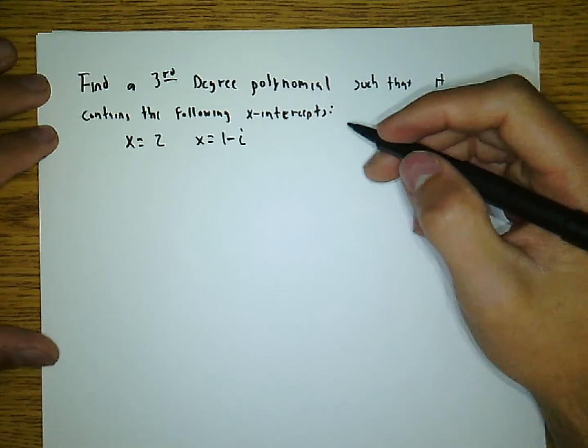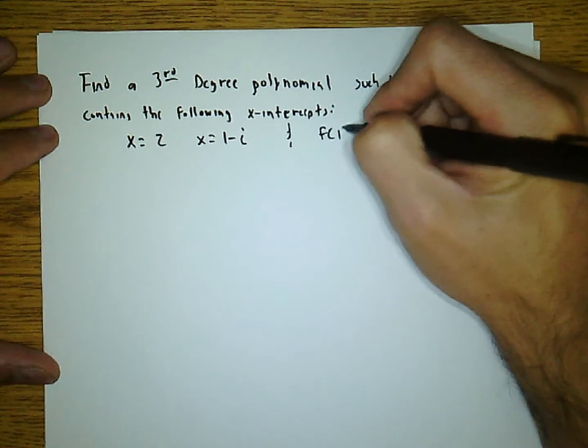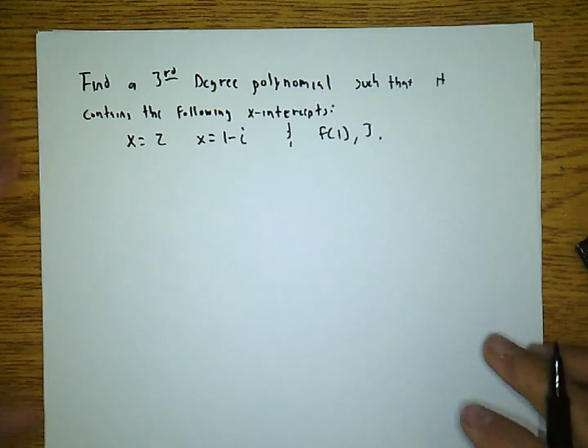But it's going to have another requirement: that polynomial has to have the point (1, 3).